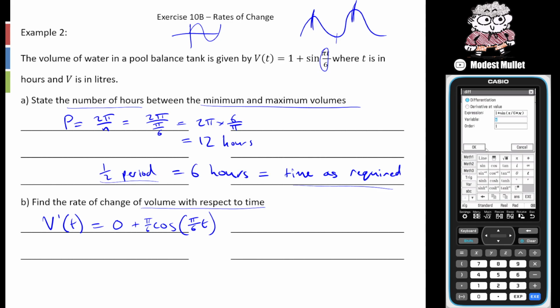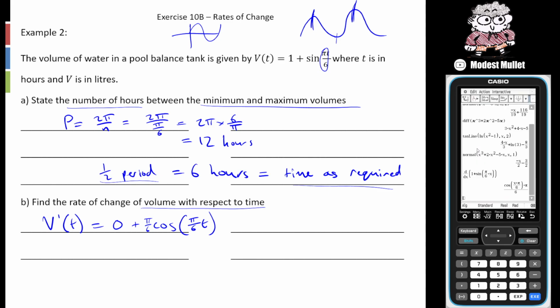That's what it's dealing with there in the variable x. So yes, we get cos pi x pi on 6 times by pi on 6. Yeah, so that's our derivative. So we just simplify it to pi on 6 cos pi on 6t.